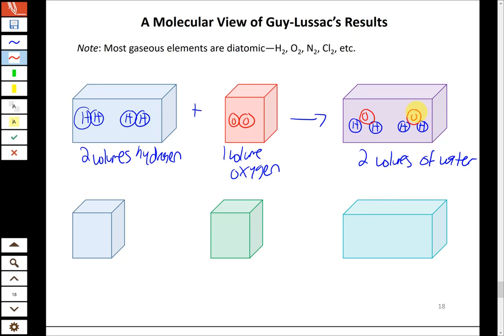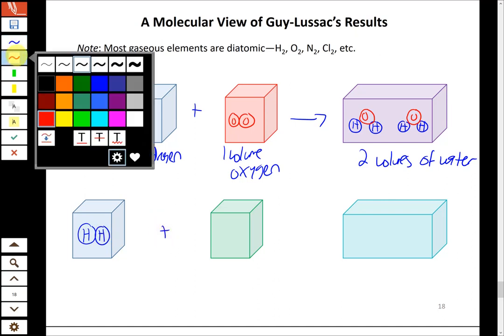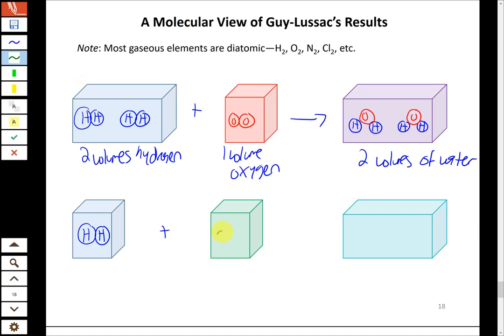Another example, if we did hydrogen with chlorine, so we start with hydrogen again, but this time we react it with chlorine, which also is a diatomic molecule. Most gases are, as it turns out, for most gaseous elements, for reasons we'll get into later. But anyway, if you combine it with chlorine, what you would find in this case is that they react in a 1-to-1 ratio.